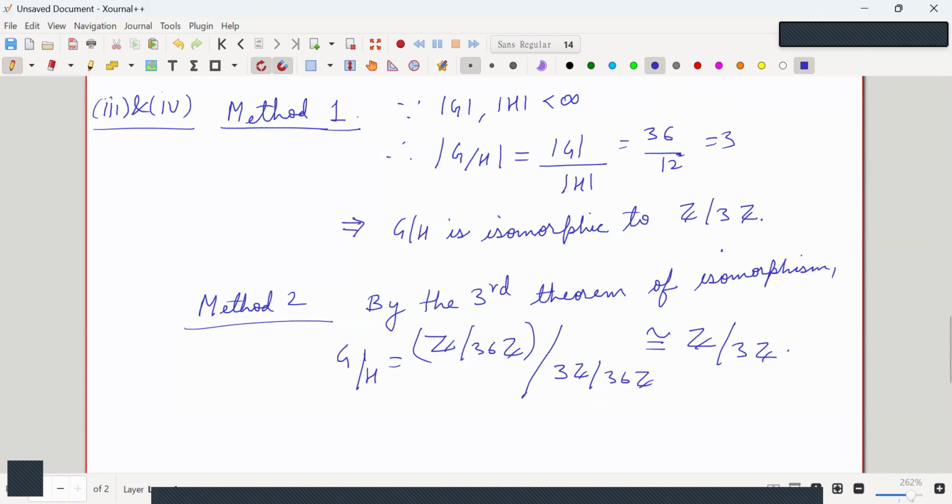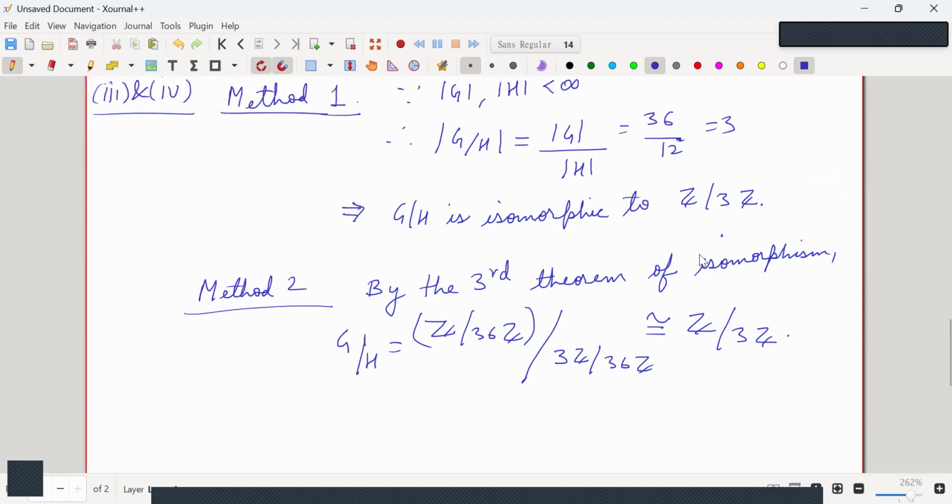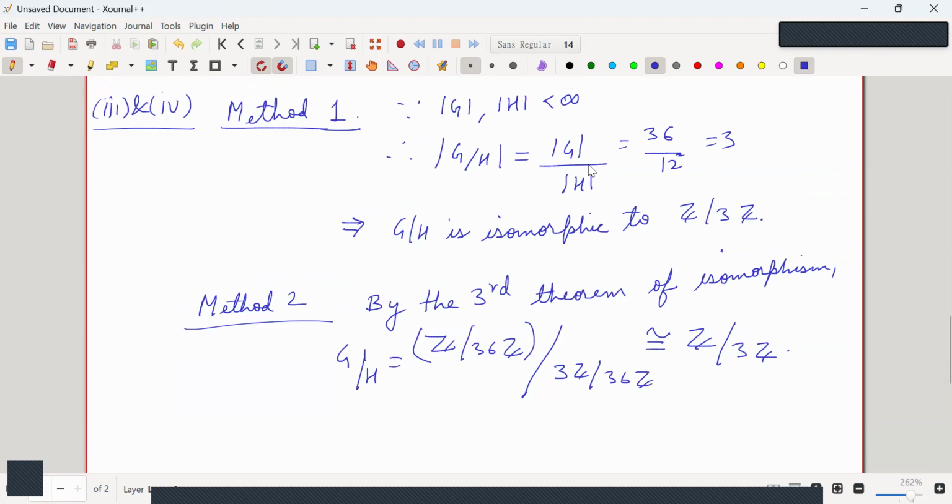Is it clear what I just said? I'm saying that this method is true in any situation, whether here you have 3, 4, or 5, any number. But once you have some other integer which is not prime, you cannot directly say that G by H is isomorphic to Z modulo nZ if instead of 3 you have some n which is not prime.